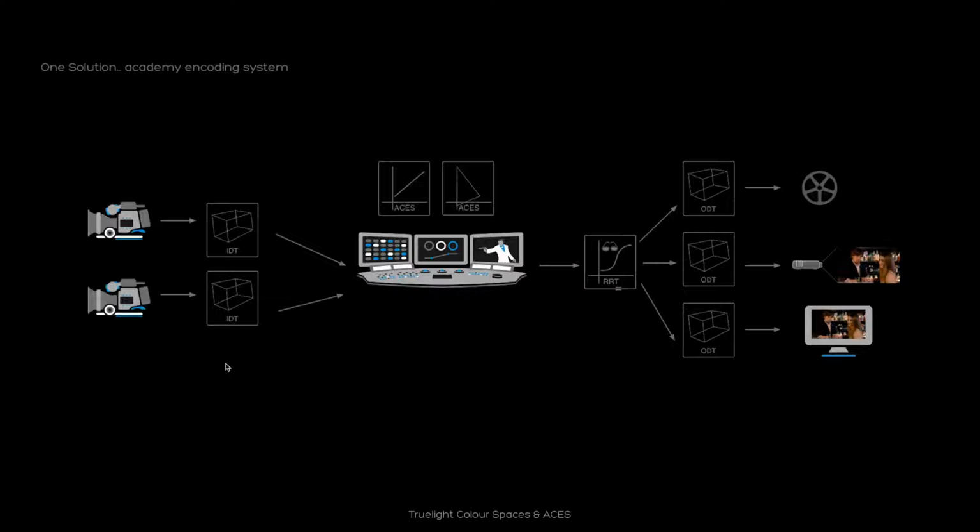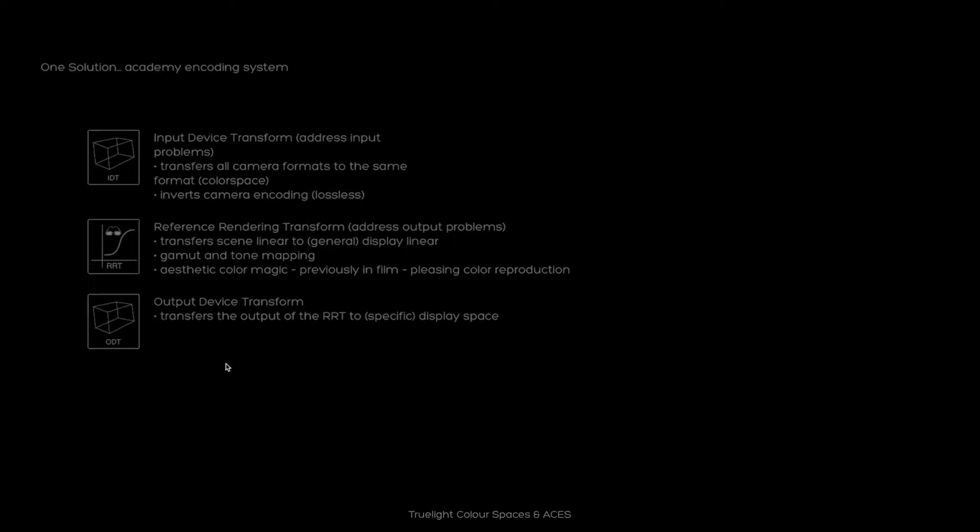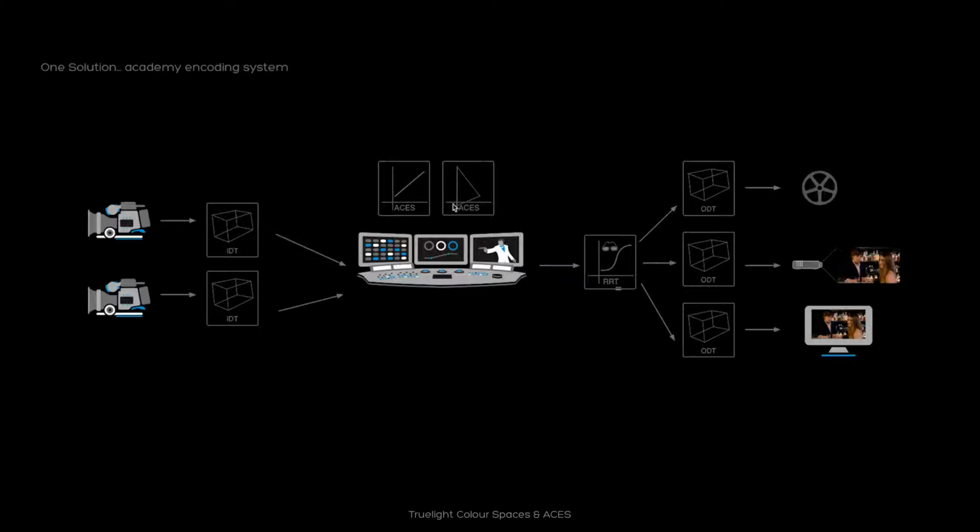The IDT transforms each image input type individually into one common color space by undoing the camera manufacturer's transfer function, basically going back to sensor linear, and then scale, translate, rotate the color spaces. Remember our example with the maps, into one very big color space. After this transformation, there should be no difference between the cameras in terms of color management.